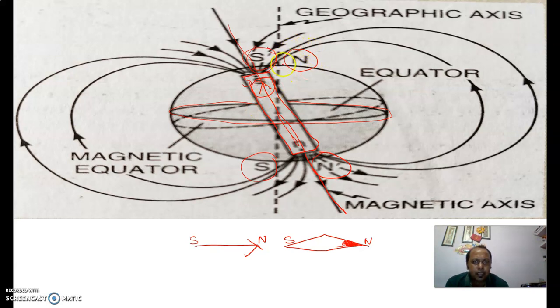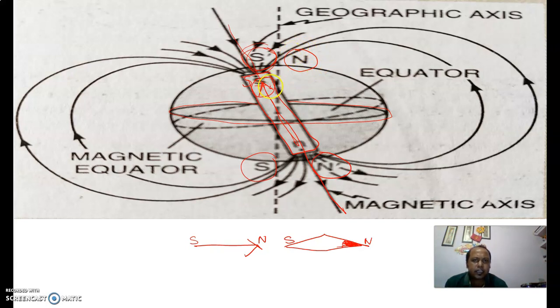Further, the south pole of the Earth's magnet is near the geographic north pole, not exactly there, but a little bit shifted from it. So when we place a magnetic needle, the north of the needle will point towards the south of the Earth's magnetic pole, and that is very near the geographic north. So the north pole of the magnet will be directed almost towards the geographical north of the Earth.